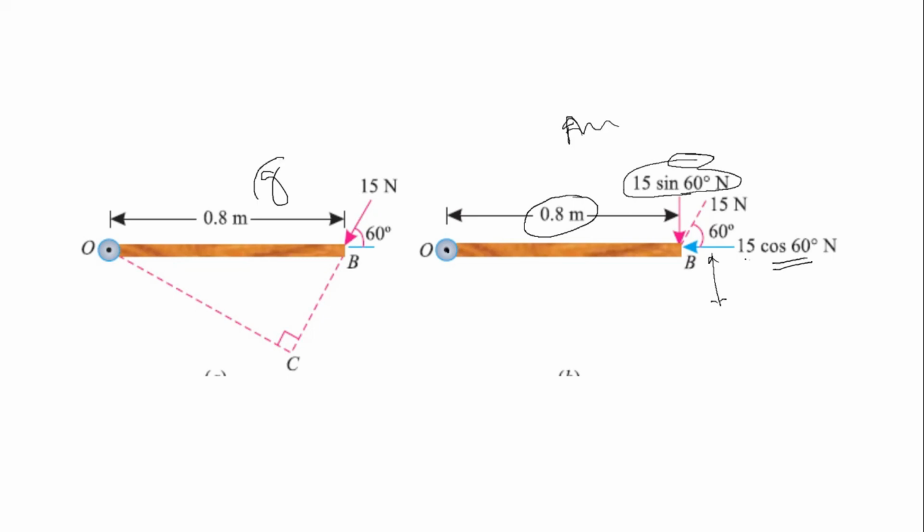And how do we do the graphical method? See, draw a line parallel to this 15 Newton force, and from the moment point, draw a line OC perpendicular to CB, right? Now measure this value, multiply by the force, and that is the moment. Clear?